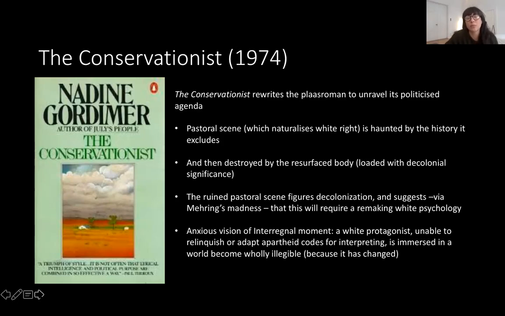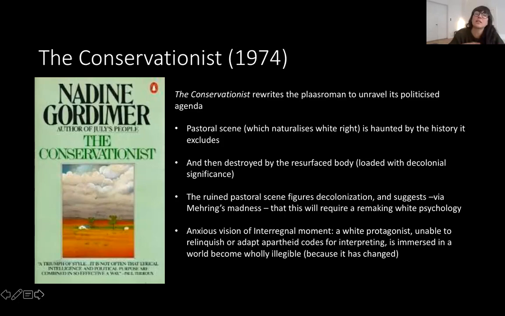So this is where we come back to the point I was discussing earlier in relation to Gordimer's essay about the interregnum, where she is really trying to drive home how much white psychology is bound up with the material processes of apartheid, how much apartheid has become an inured set of expectations for a certain part of the white population.